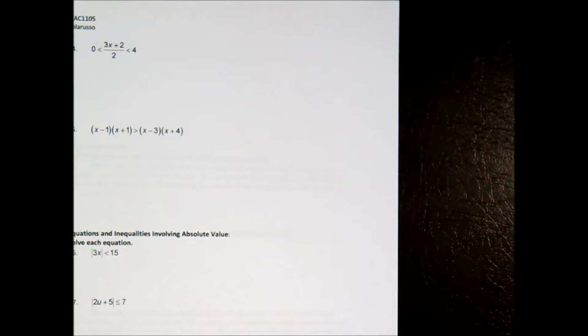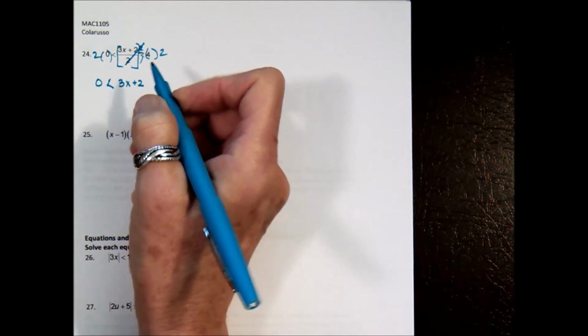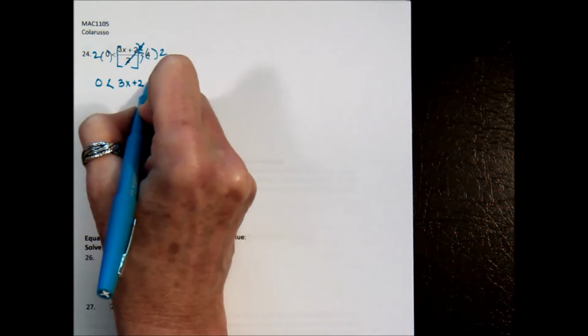All right, on our next page, I have an inequality. My x's are in the middle and I have a fraction. So the first thing I have to do is get rid of the fraction by multiplying by the LCD. 0 is less than 3x plus 2 is less than 8.